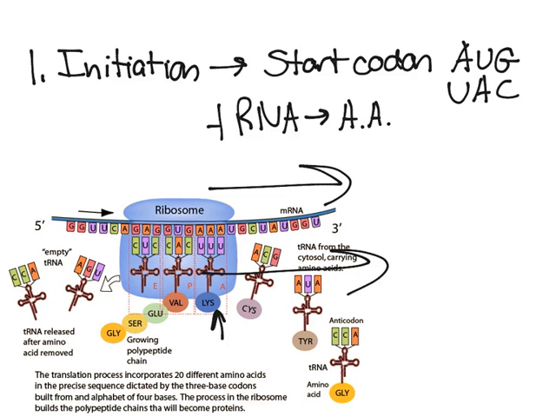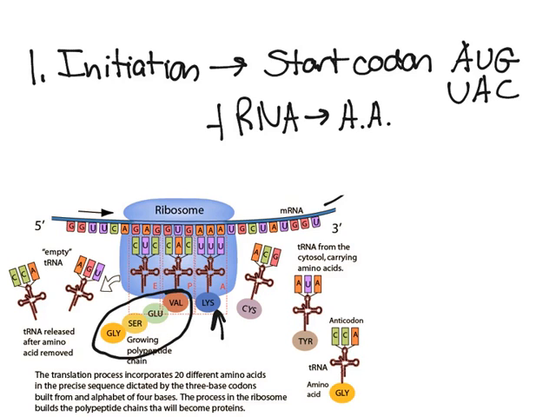And then eventually the A site will become the P site. The P site is where the growing polypeptide chain is. So as you can see, the polypeptide chain is right there, attached to the P site. And then finally, the E site is where the tRNA is released.